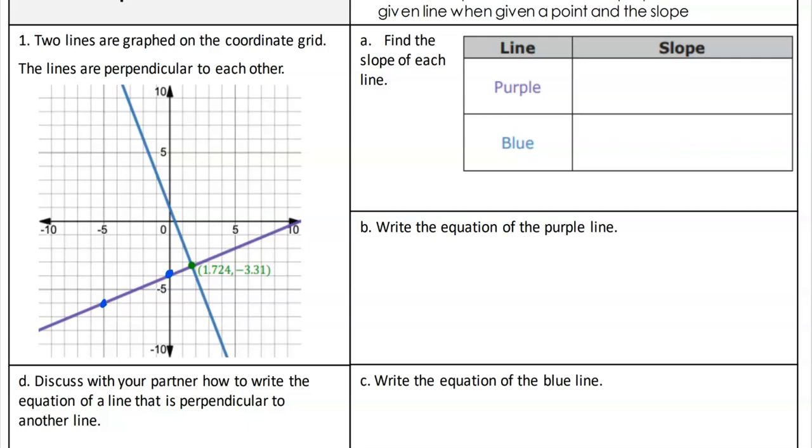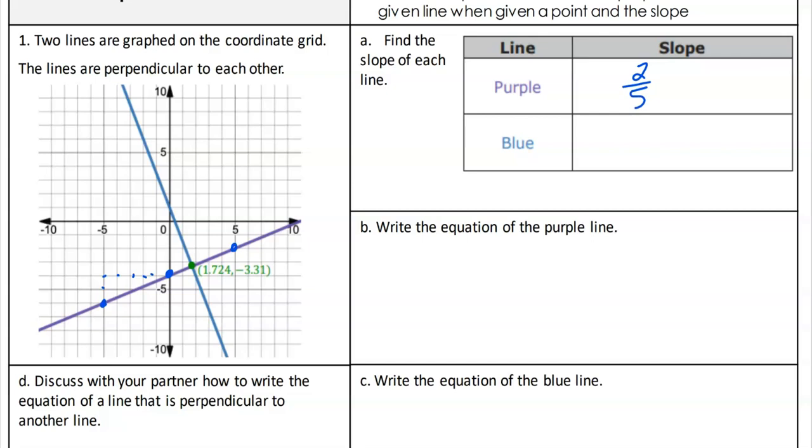It's still supposed to go up somewhere. Looks like up 2 and over 5. 1, 2, and then 1, 2, 3, 4, 5. Yeah, so I would say up 2 and over 5.